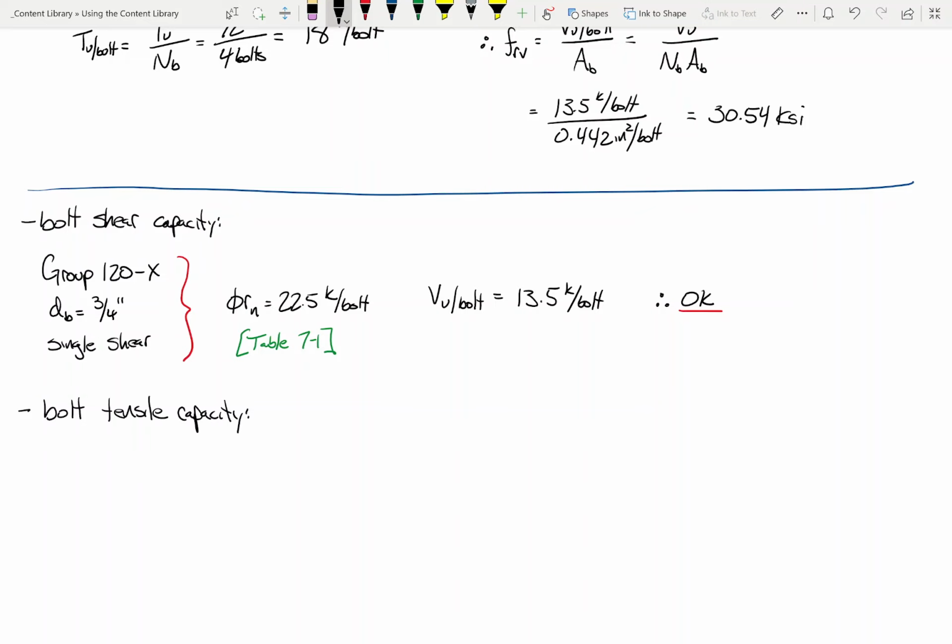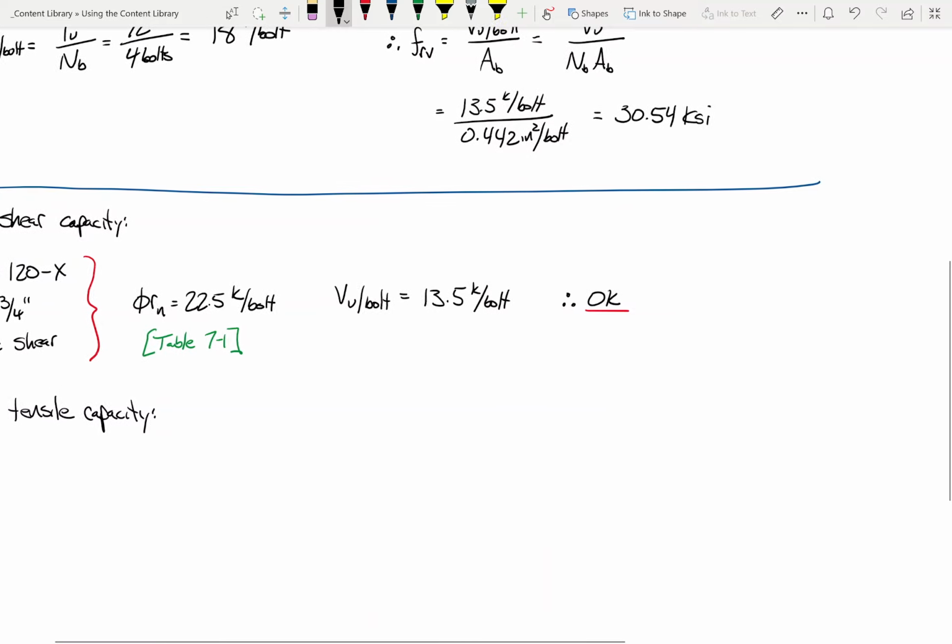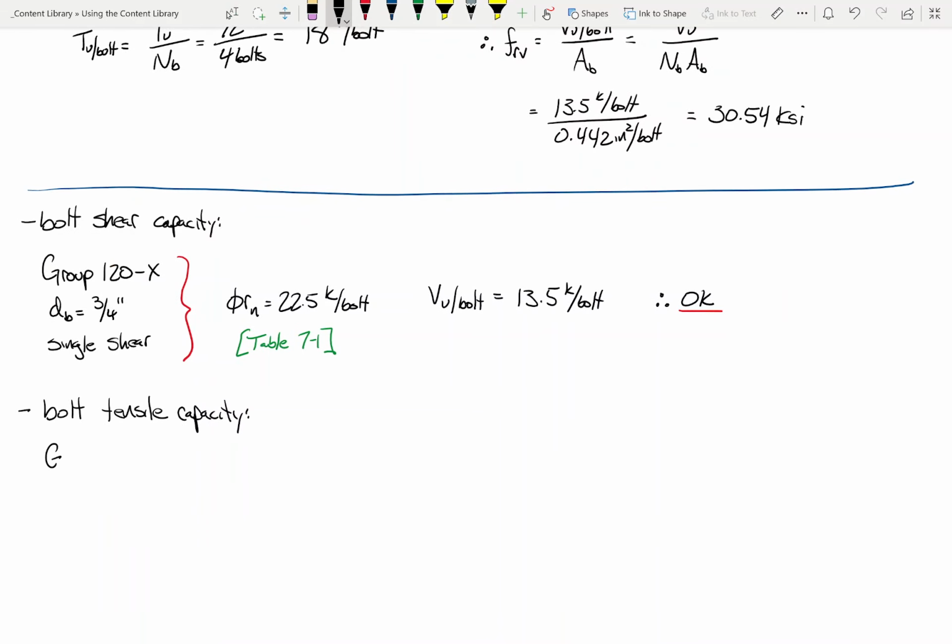So, bolt tensile capacity. What information do we need about the bolt in order to compute bolt tensile capacity? Do we care whether or not the bolt's in single shear? Not for tension, right? Do we care about whether the threads are included or excluded? Not for tension. Only thing we care about is two things. What group it's in, and what's the bolt diameter?